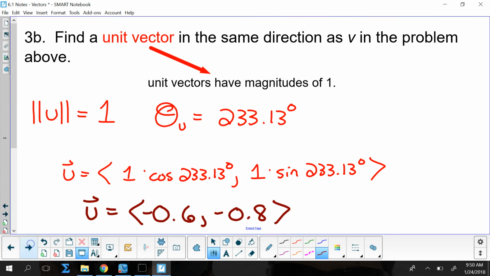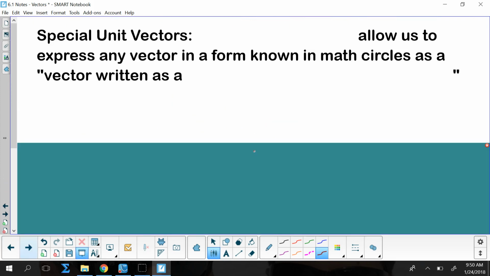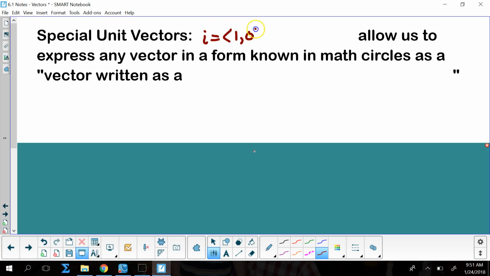Okay. Now, we have special unit vectors. There are 2 special unit vectors out there. The first one is i. It is the vector 1, 0. It's a unit vector.